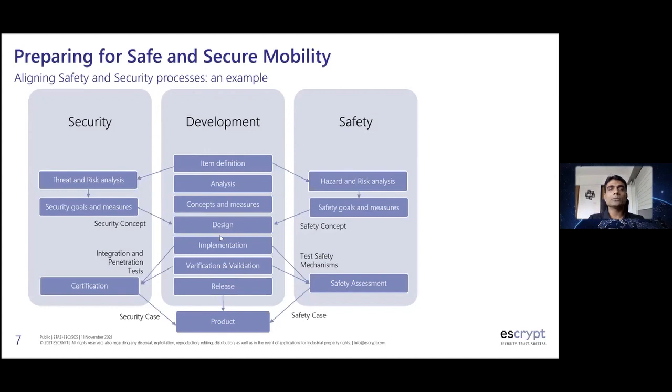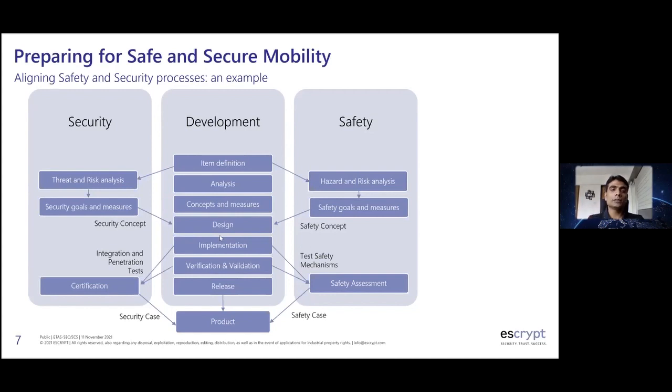A security concept and a safety concept will then be integrated into the design. Once the implementation phase is over, during verification and validation, security will branch out again for penetration tests or integration tests and the like, whereas safety would go for testing safety mechanisms.